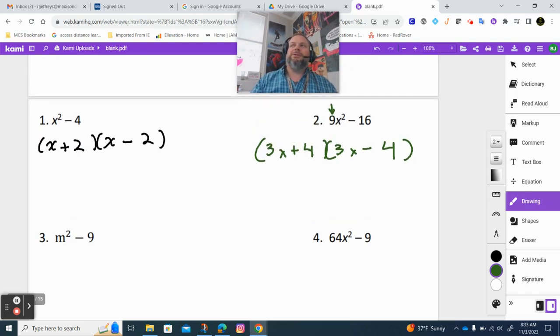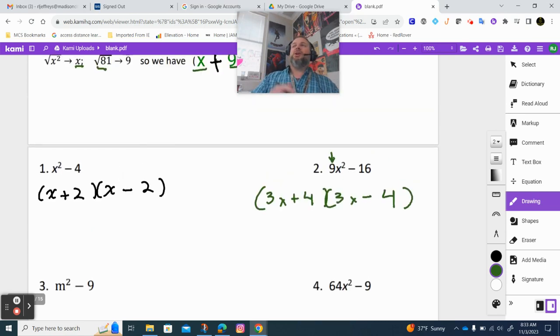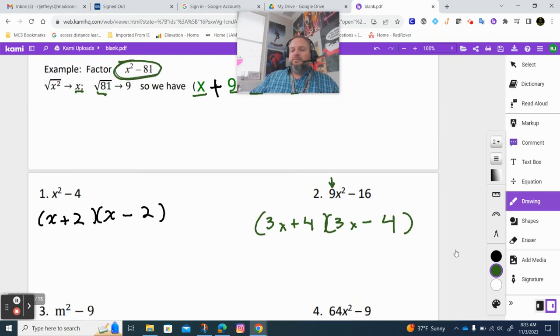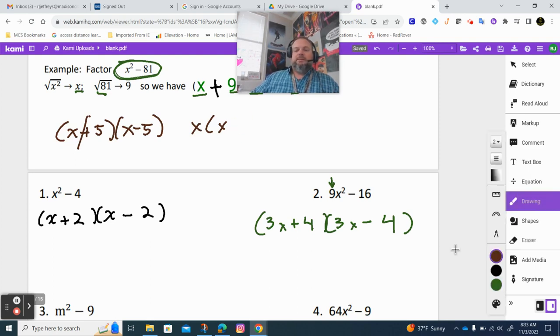Yes, what's your question? The question was why one has a plus and one a minus. If you remember, probably not, we actually had problems like this on the last test. Let's see, x minus 5, and then we have x plus 5.